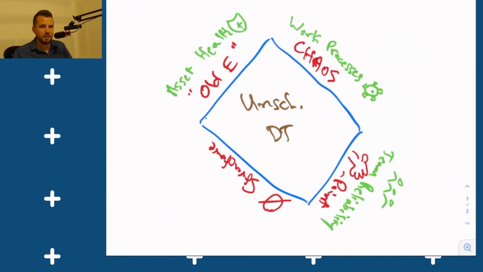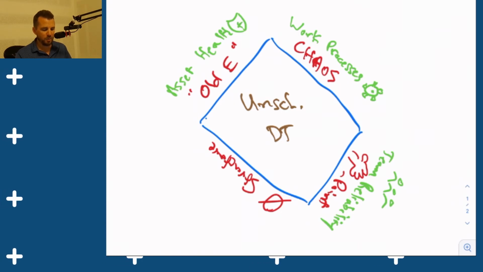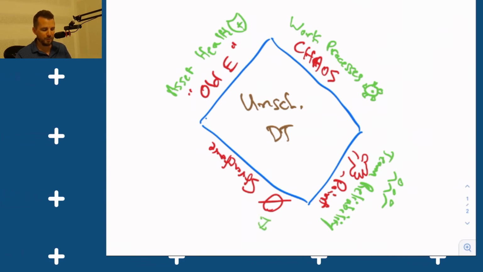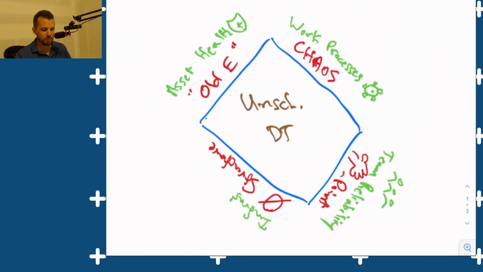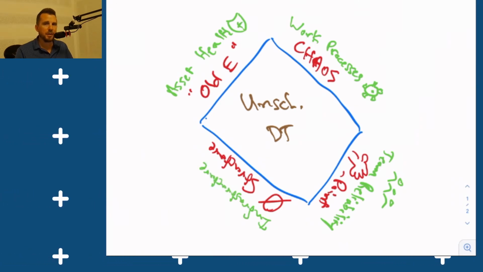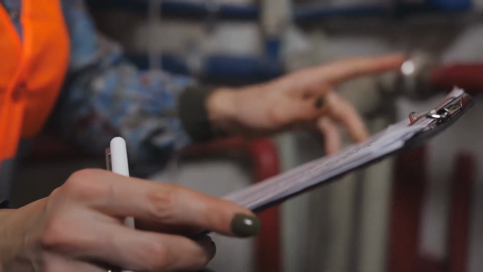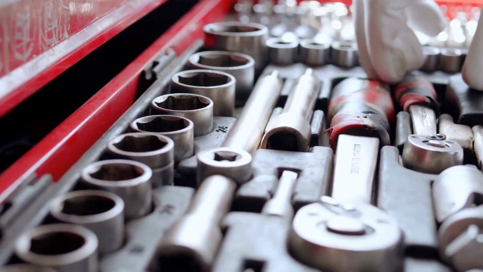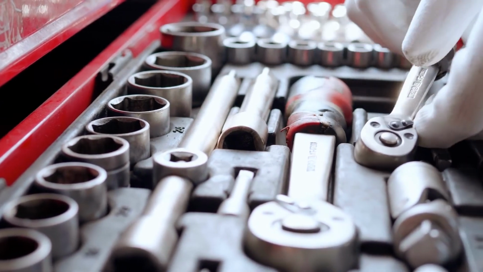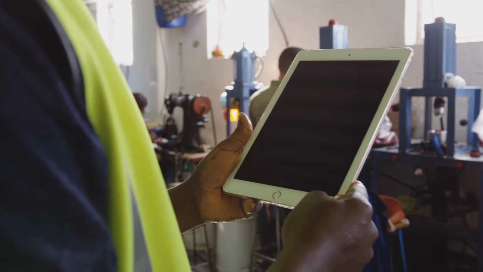And the last one here is structure. So to counteract no structure, we need to have some infrastructure. We need to have some standardized things that we put in place to help us maintain the assets themselves. Some examples are spare parts management, the proper tools, workshops, maybe a computerized maintenance management system.